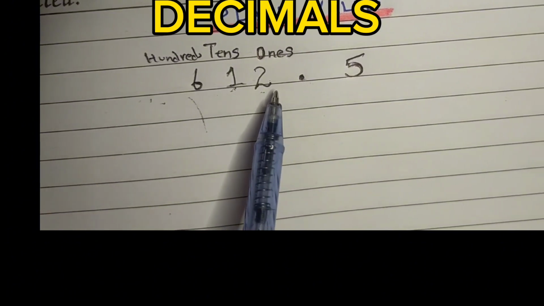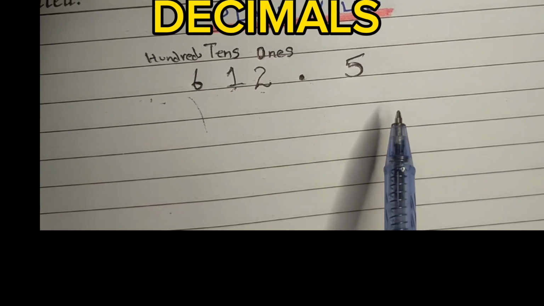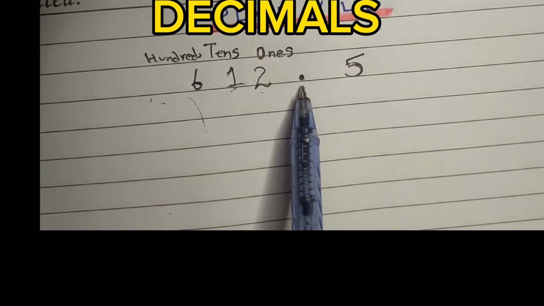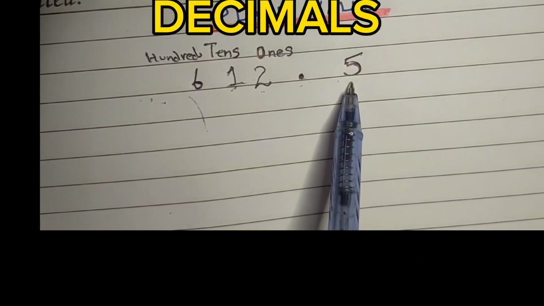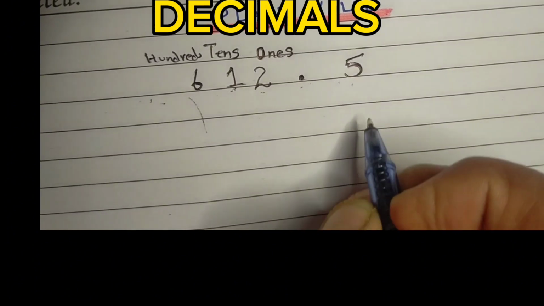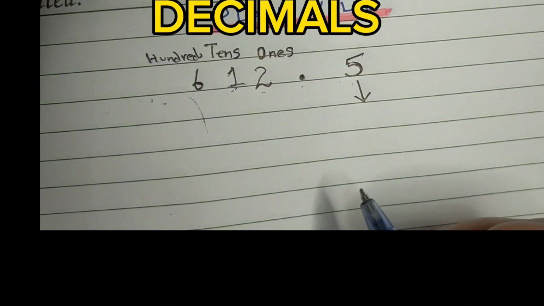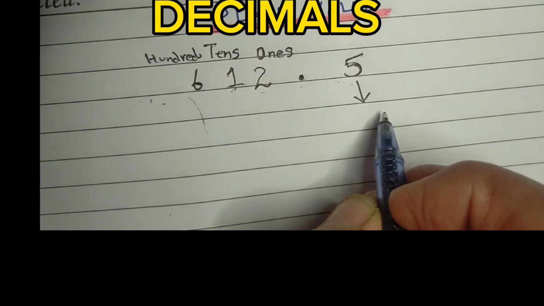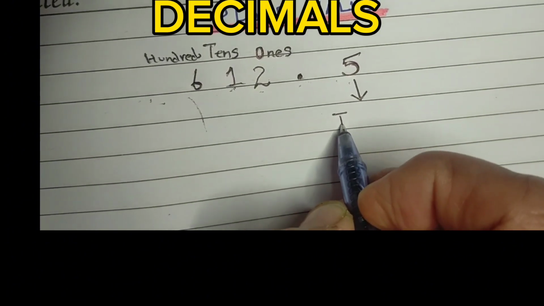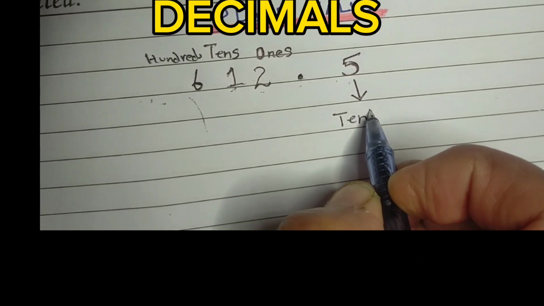But let's move on to the right side. The number that you see after the decimal point. What do you call this number? What is the place value of this digit? The place value of this digit is tenths.